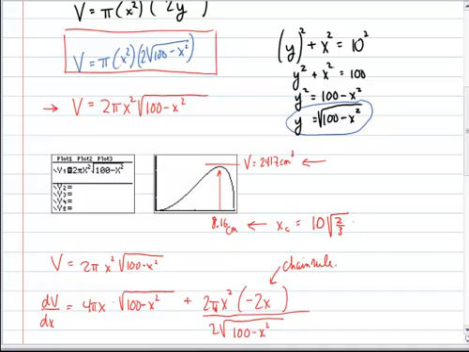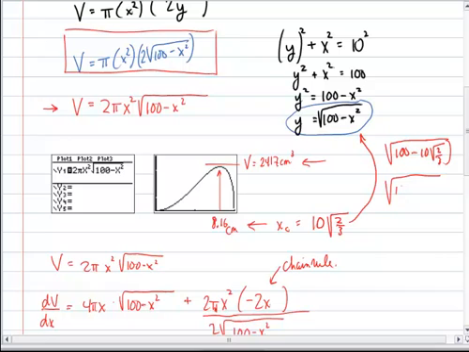If you plug that back into the equation over here, you should find that your y value is equal to the square root of 100 minus the square of 10 square root of 2 over root 3, which is the square root of 100 minus 200 over 3, because this has to be squared, which is the square root of 100 over 3.